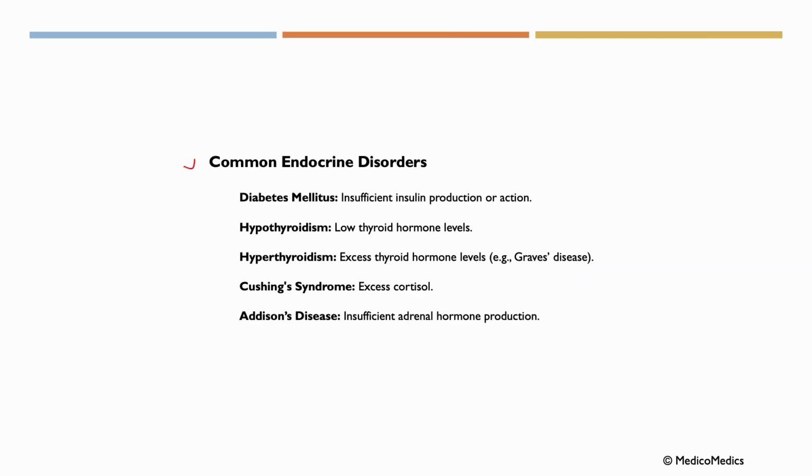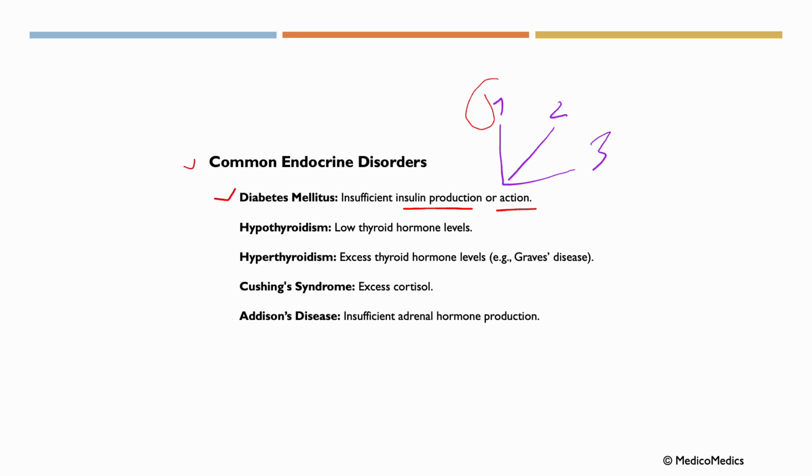Now, some common endocrine disorders. First and foremost, maybe the most famous one, which is diabetes mellitus, whereby there is insufficient insulin production or action. Now, you may probably already know that diabetes is put in different types. We have type 1 diabetes, type 2 diabetes, we even have type 3 diabetes.